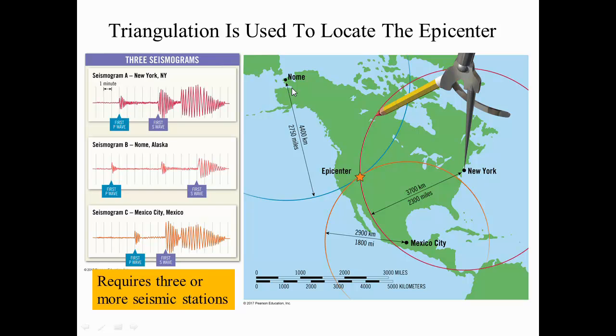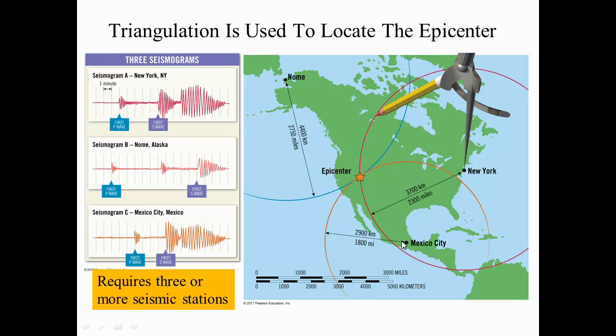What we need is at least 2 other seismograms at different locations in order to triangulate the actual position of the epicenter. And using similar techniques, we find that Nome, Alaska is located 4,400 kilometers from the epicenter, so we construct a great circle around Nome with a radius of 4,400 kilometers.